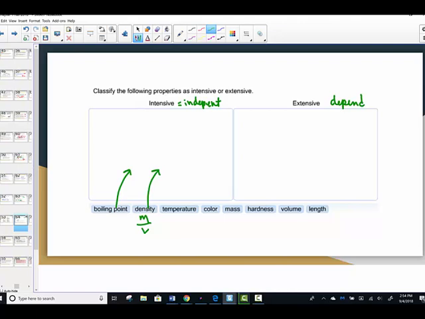The temperature of a substance will read the same regardless of how much you have, as will the color. The mass does indeed depend upon how much you have, as does the volume and the length. But hardness is a quality of a substance independent of its amount. Intensive and extensive are two vocabulary words we should become familiar with.